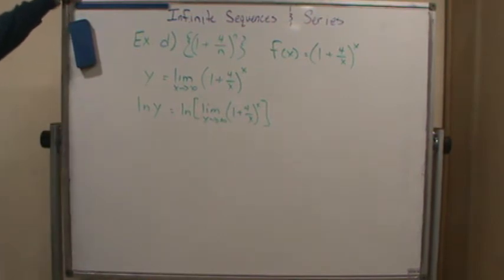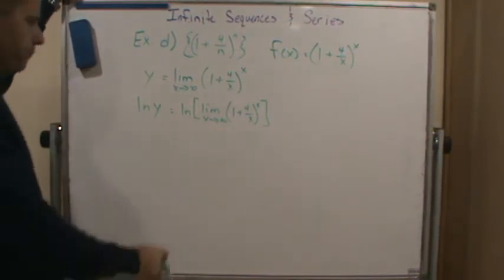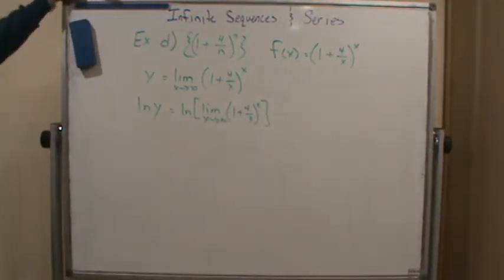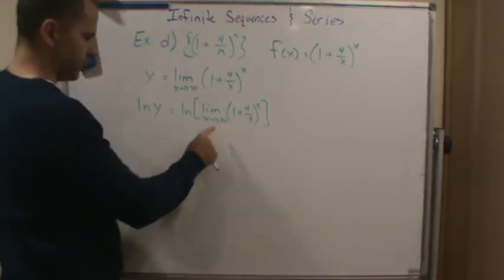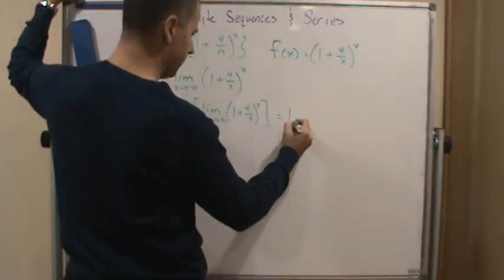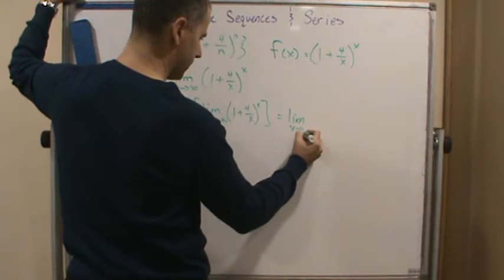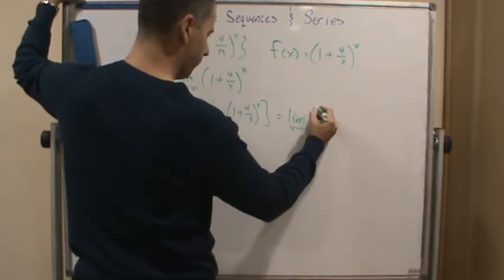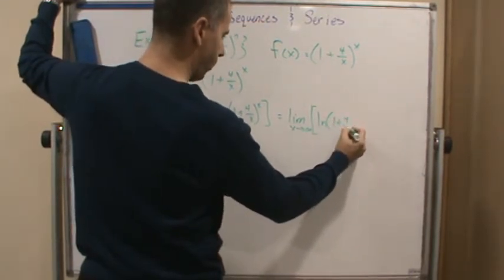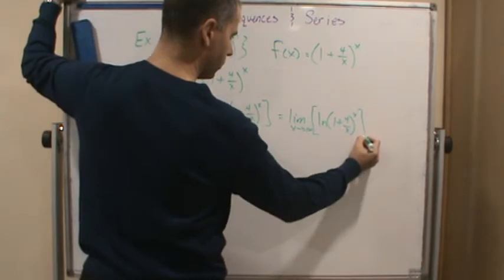Now, since the function f of x is continuous over its domain, for all x greater than or equal to 0, what that means is I can go ahead and exchange the natural log and the limit. So I can make this equal to the limit as x approaches infinity of the natural log of (1 plus 4 over x) to the x power.